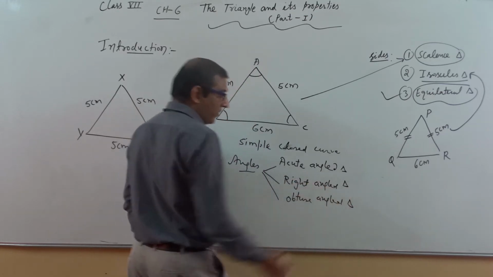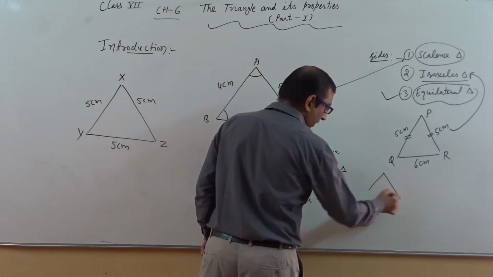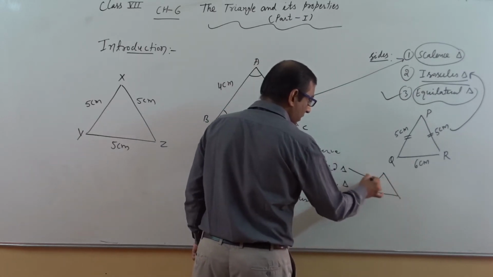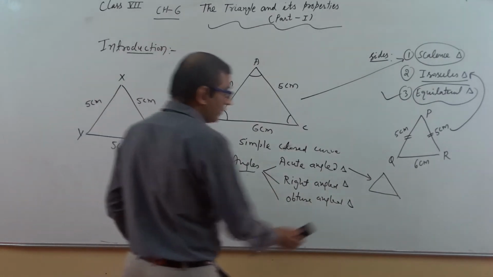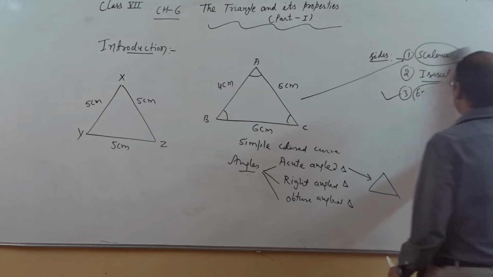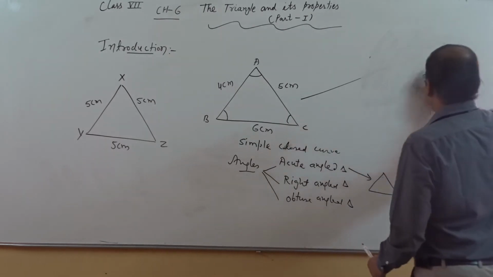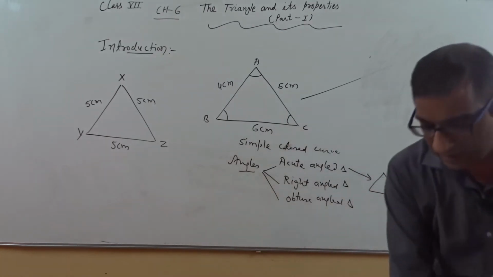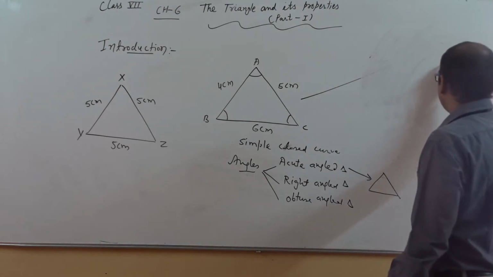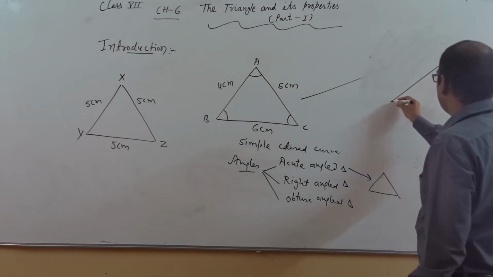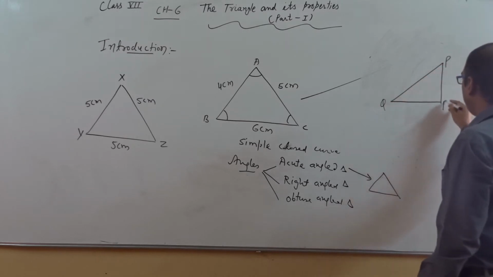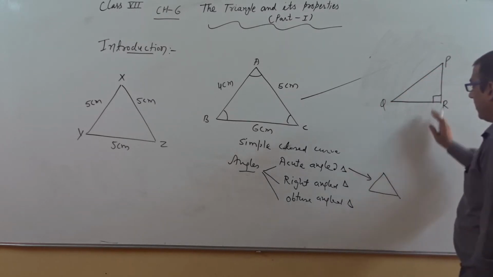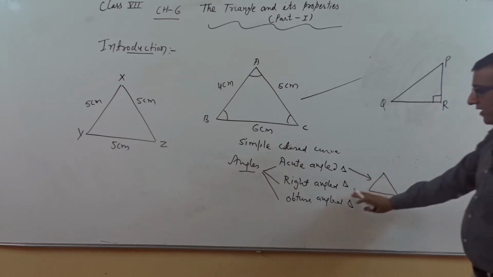Acute angle triangle means this type of triangle is related with acute angle triangle. And in right angle triangle, if one angle is equivalent to 90 degree, then we can say, or you can say this type of triangle PQR, in which angle R is 90 degree. So this type of triangle is related with right angle triangle.